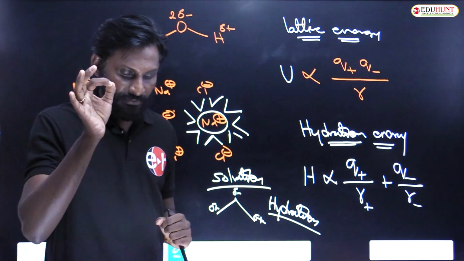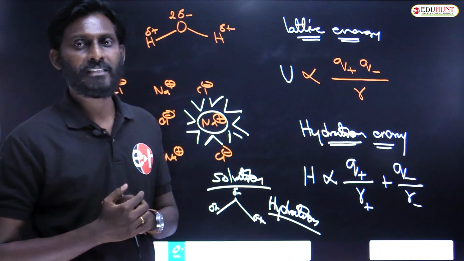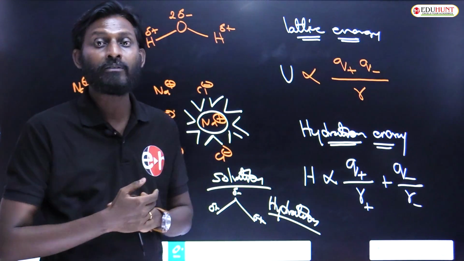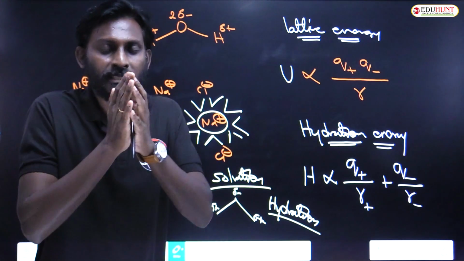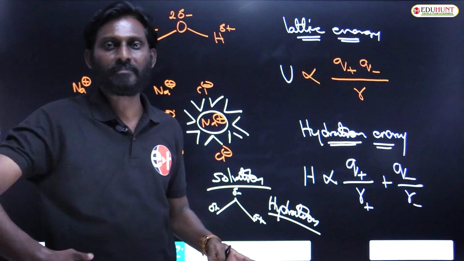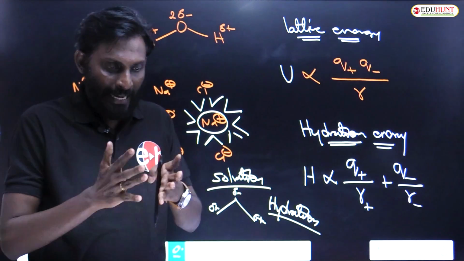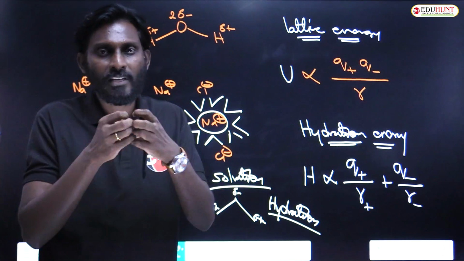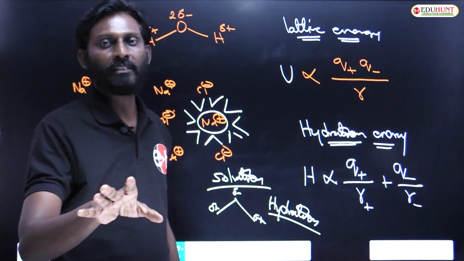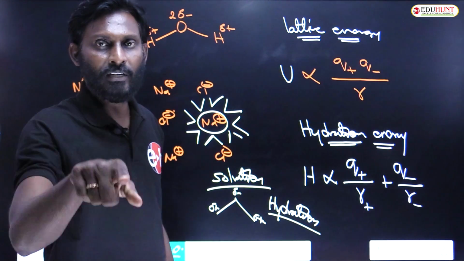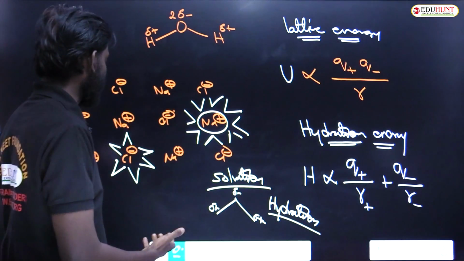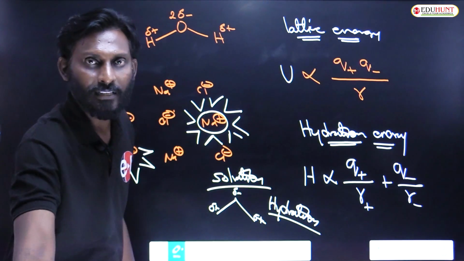Now, if the hydration energy is more than the lattice energy of this crystal, then what happens? The lattice breaks inside the water. When the lattice breaks inside the water medium, the cations and anions are free now. That process is called dissolution, and you say that the salt dissolved in water.